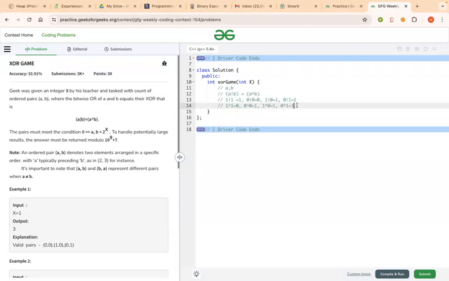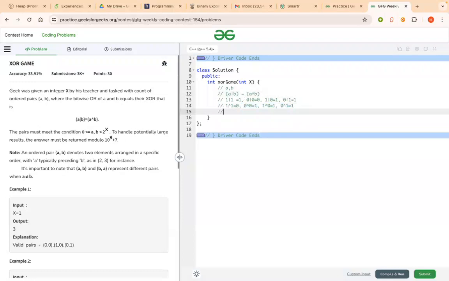So what we observe here is that the last three results are the same whether it is the case of OR or XOR, right?